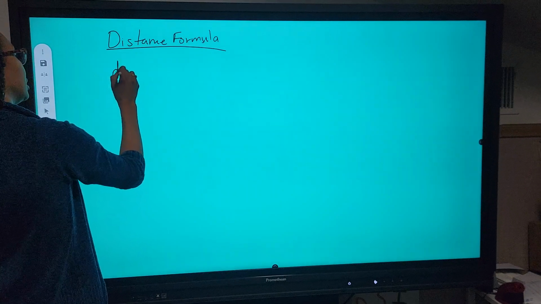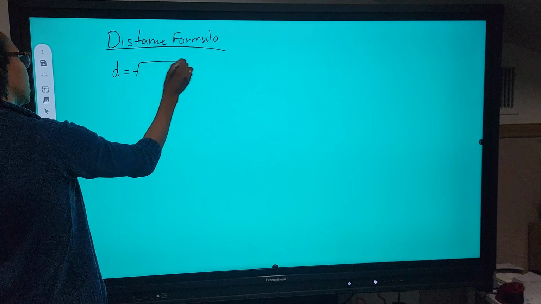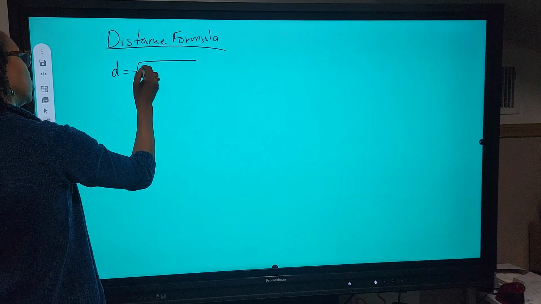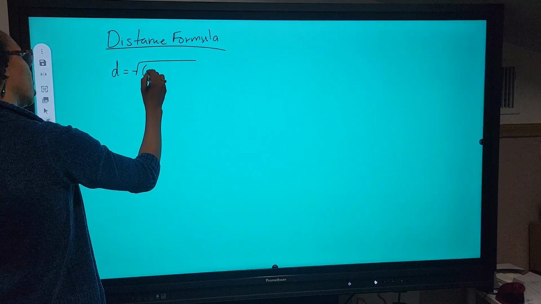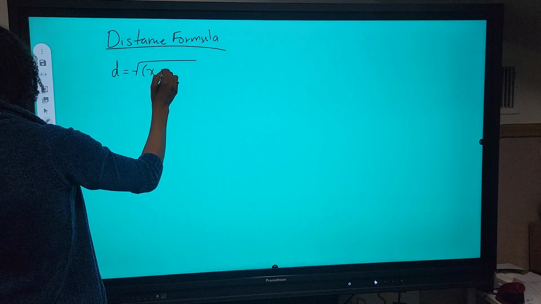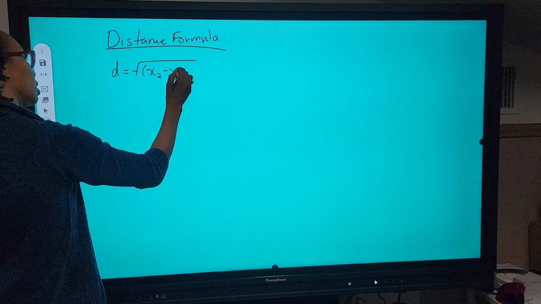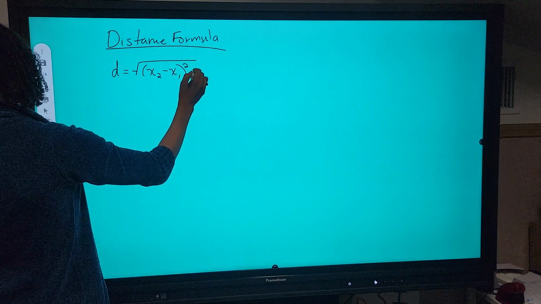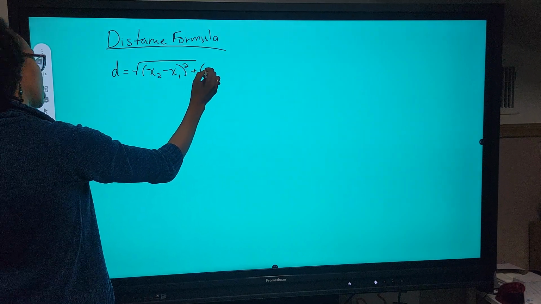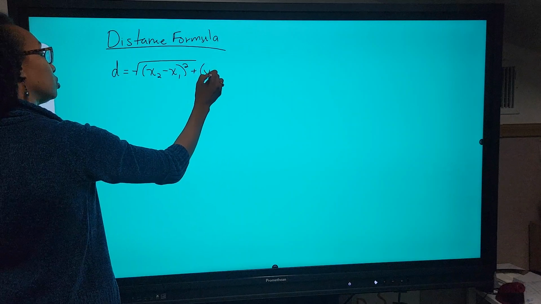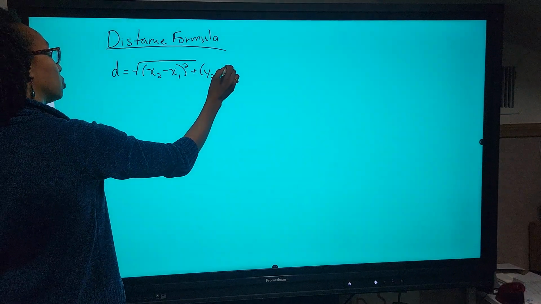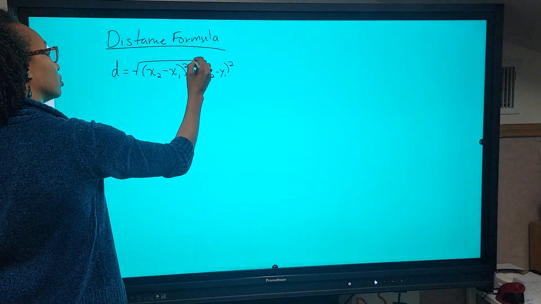It says that D, which is the distance, is equal to the square root of x sub 2 minus x sub 1 squared plus y sub 2 minus y sub 1 squared, okay?